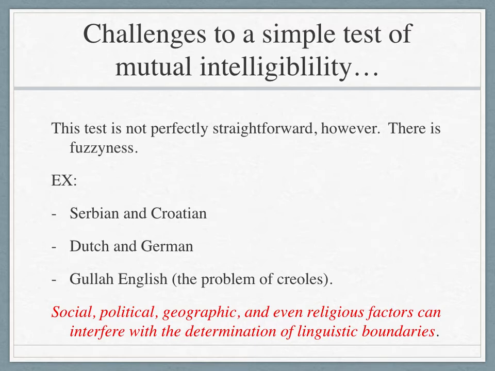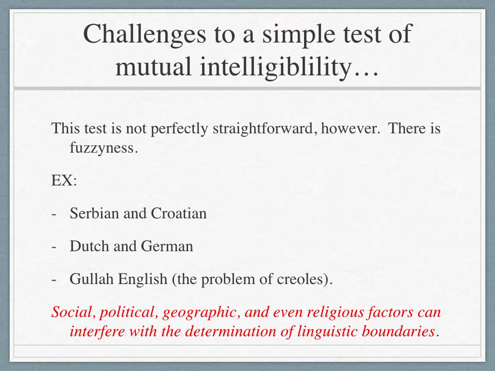And then a final example, which I'm going to have you listen to a recording of on the Sakai site, is a fun example of Gullah English, which is spoken off the coast of the Carolinas. And that is a special problem of Creoles and context.